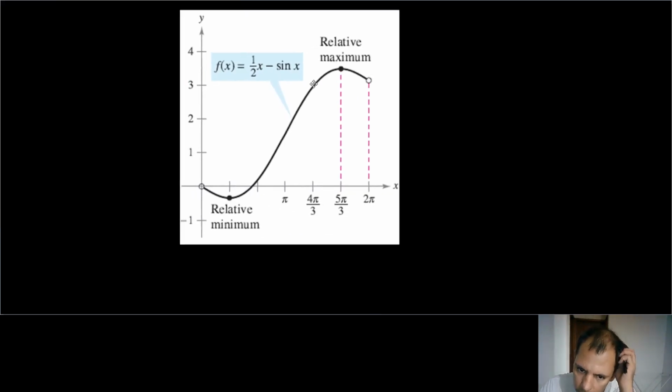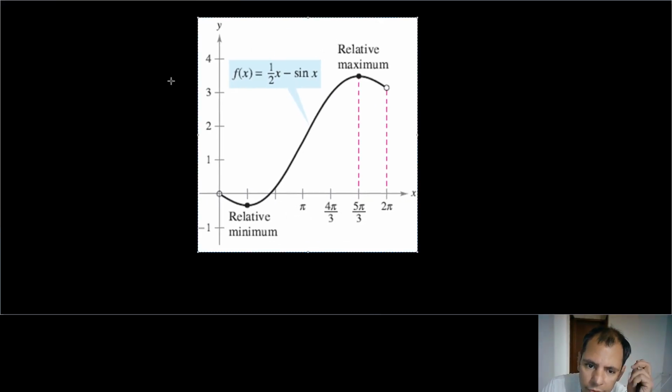Actually, the book shows the graph here. So you see, what did I say? That the first domain was going to start at pi divided by 3. Well, look at this. Here you have pi, and this is pi, right? And it's being divided into 3 sections: 1, 2, 3.